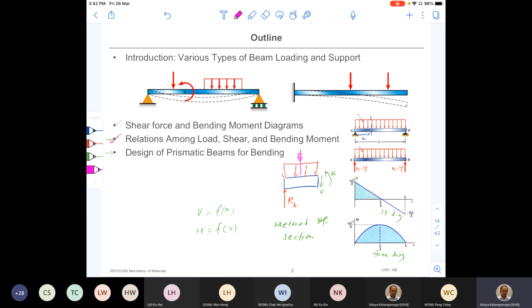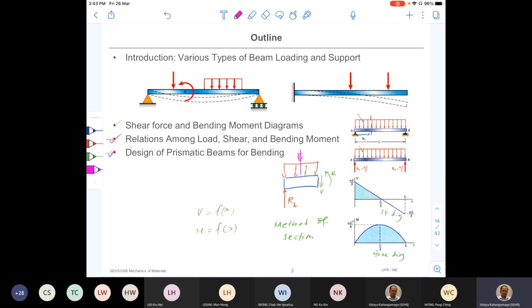And after that, I will show you how to design a beam by finding out the maximum bending moment. And one more thing that we have learned last time, beams are normally going to fail due to bending moment. The normal stress resulting from bending moment is the most critical stress. So therefore, we are interested in finding the maximum bending moment, right?